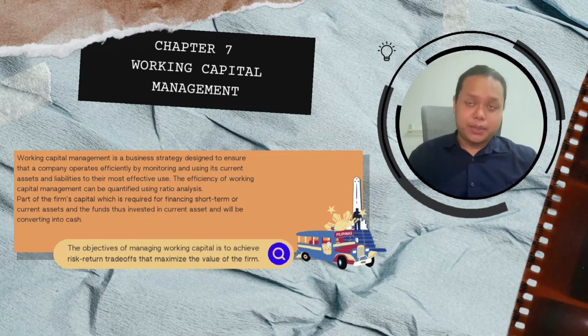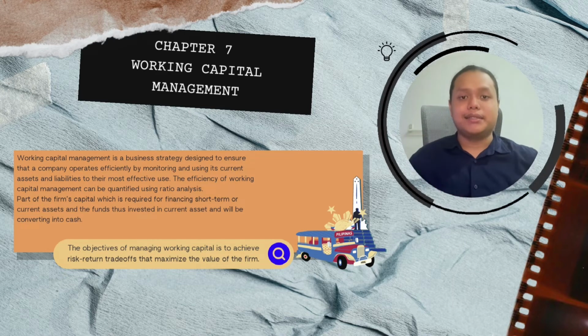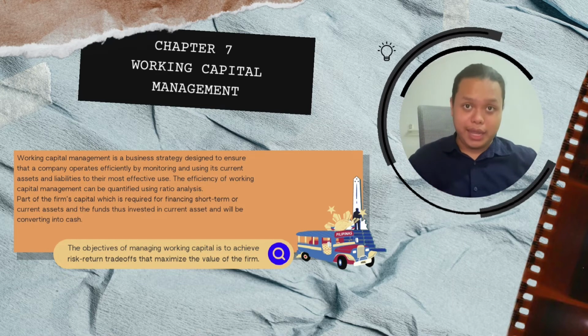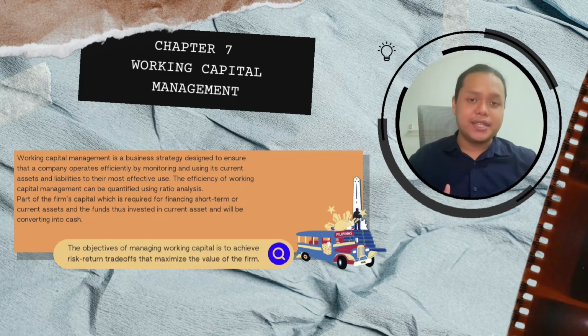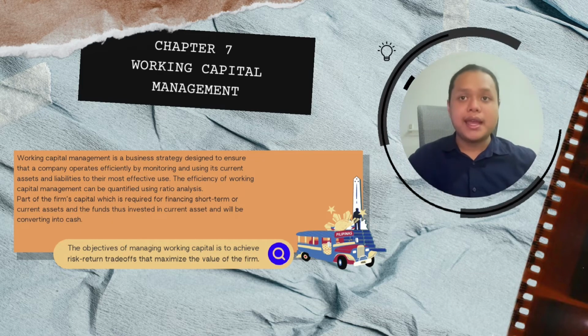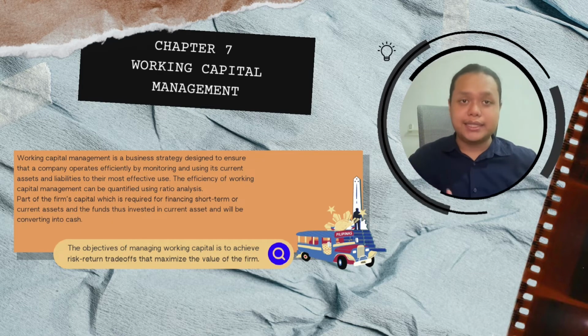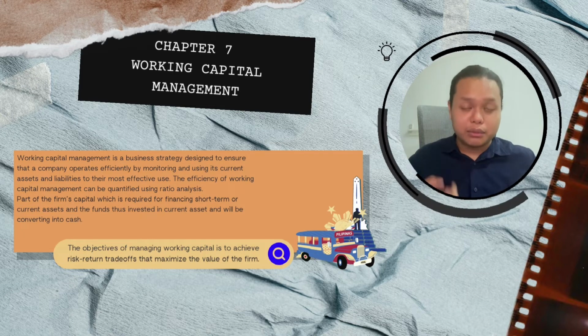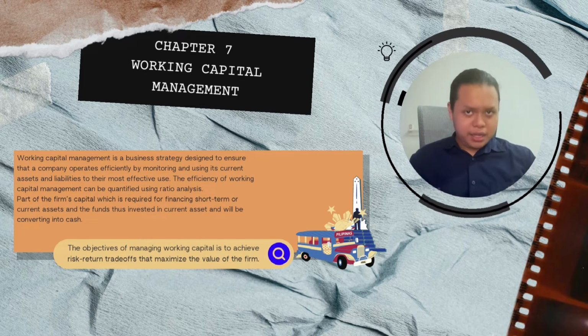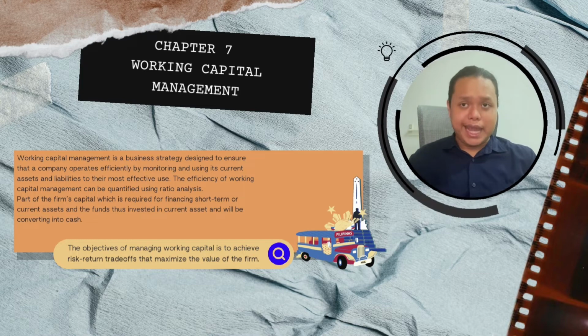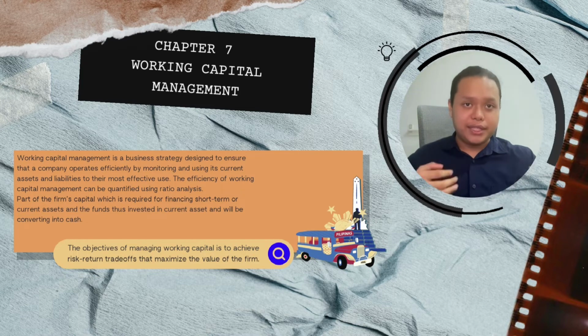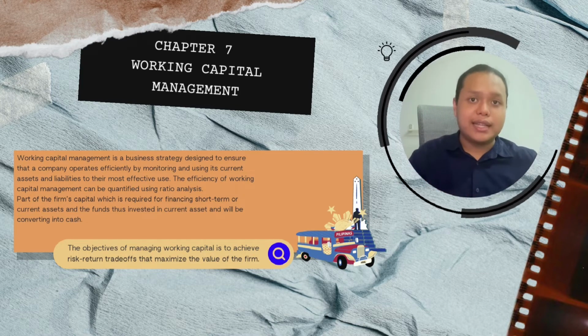Working capital management is a business strategy designed to ensure that the company operates efficiently by monitoring and using its current assets and liabilities to their most effective use. The efficiency of working capital management can be quantified using ratio analysis.